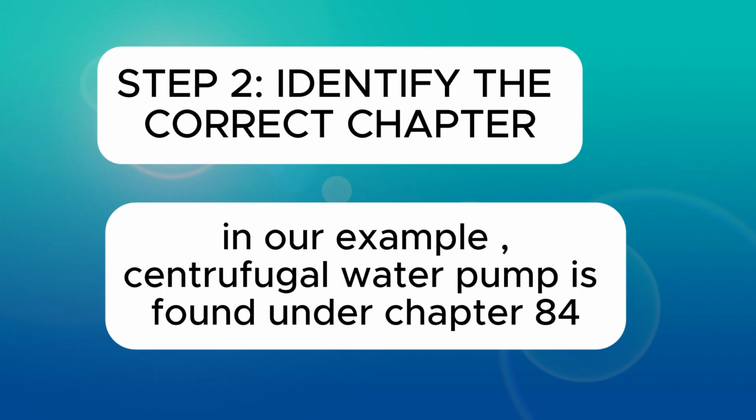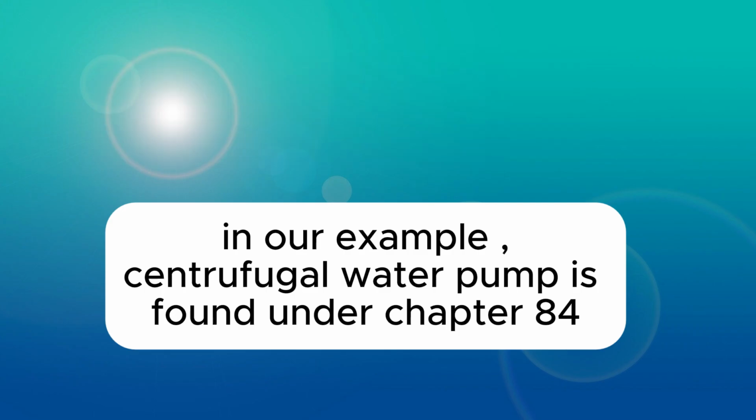In our example, the right chapter is chapter 84. Chapter 84 covers machinery and mechanical appliances, and parts thereof. So the chapter is confirmed. First you describe the product, then you identify the right chapter for this product in the customs tariff book.